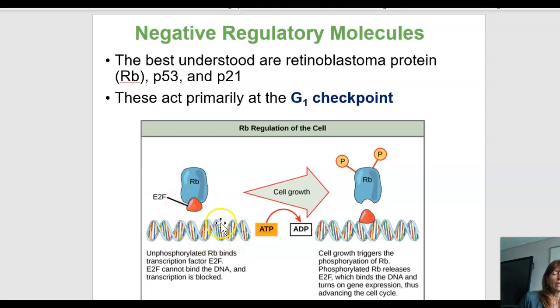But when they become phosphorylated, that disinhibits them, which allows the cell to move forward into the next phase. Now, I'm going to get into the details on these negative and positive regulators a little bit more in class. So I'm going to quit there and we'll move on.